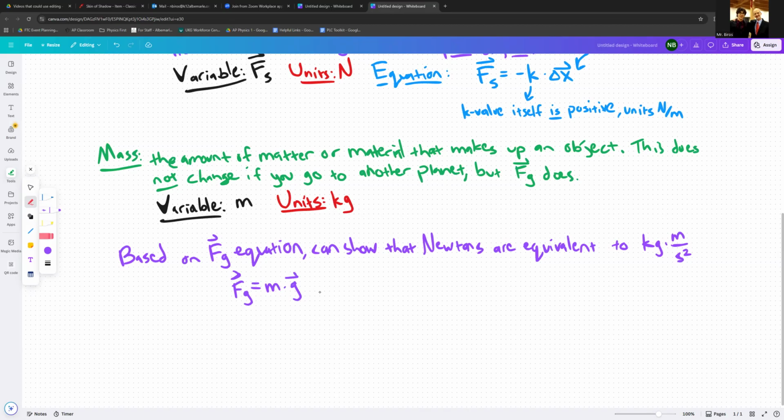So I'm going to write this equation, but just with units. An amount of newtons, now this could be 10 newtons, 20 newtons, we don't really know, some amount of force in newtons, is equal to some amount of mass in kilograms times some amount of acceleration, and our units for acceleration are meters per second squared.